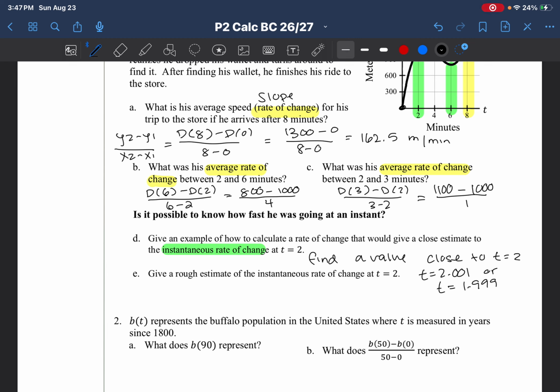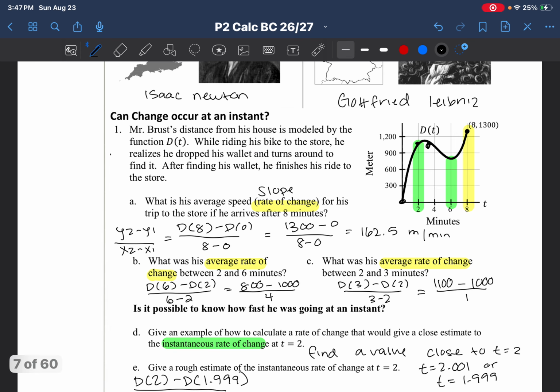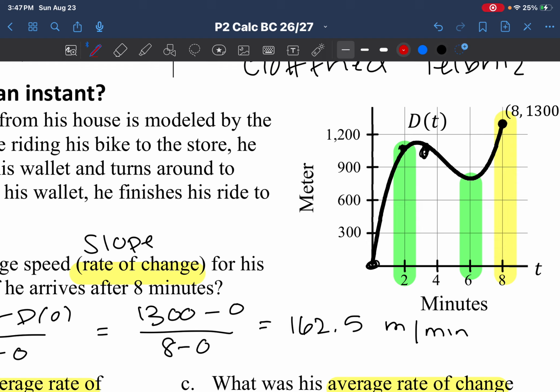Okay, now it says give a rough estimate of instantaneous rate of change at t is equal to 2. So there's two ways we could show this. One is we could use that slope formula, but plug in a value very, very close to 2. So this could be d of 2 minus d of 1.999 all over 2 minus 1.999. Okay. And then another thing we could do is we could draw a tangent line and then estimate the slope. So if we look up here, I would try to draw a tangent line like this.